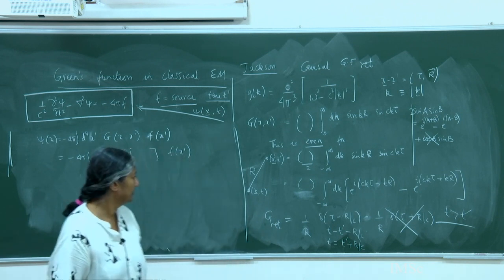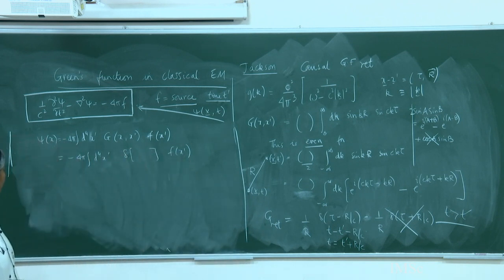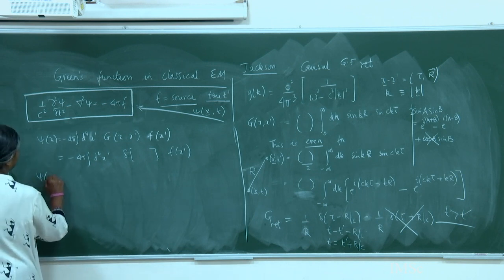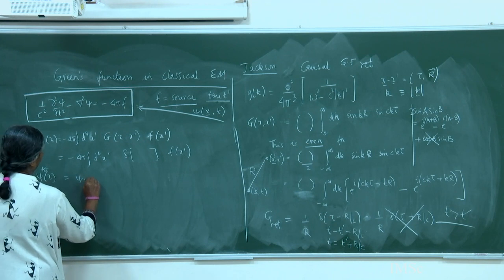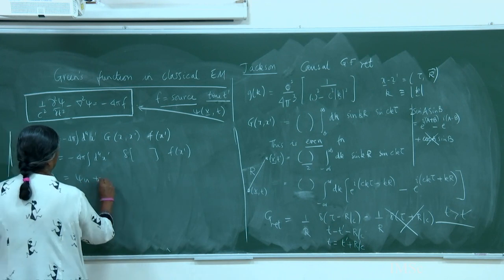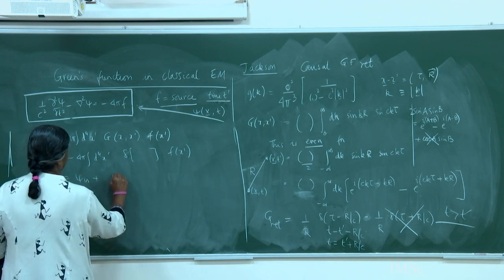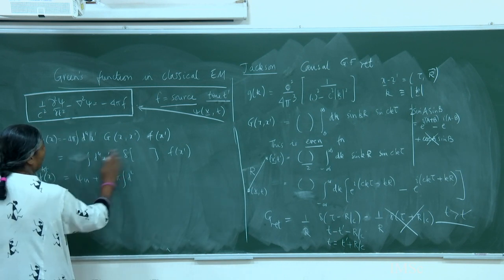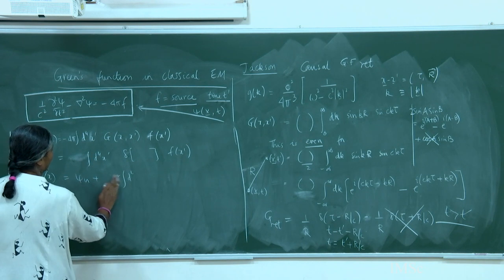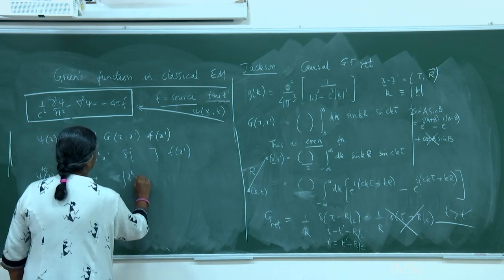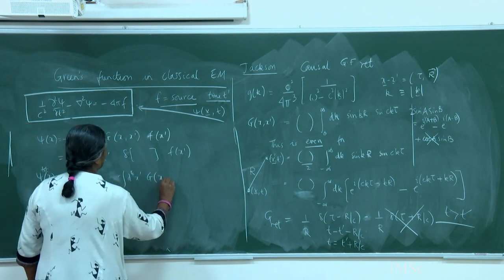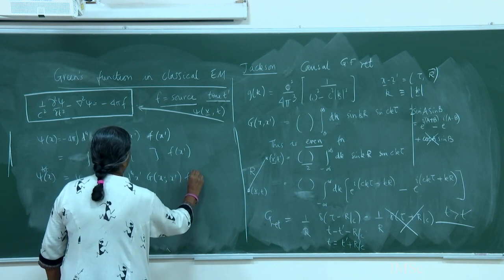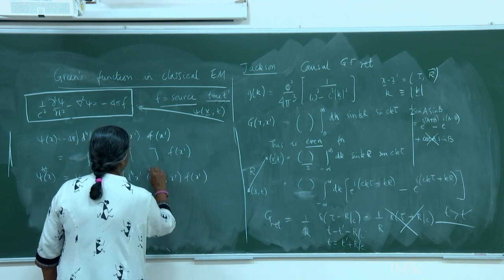What is the definition of retarded and advanced Green's function? Yeah, so I will tell you. Suppose I write a total psi of x is equal to plus, actually let me absorb this 4 pi in the f, I do not want to worry about it, the integral d4x prime, G of x prime, f of x prime, and I write retarded.